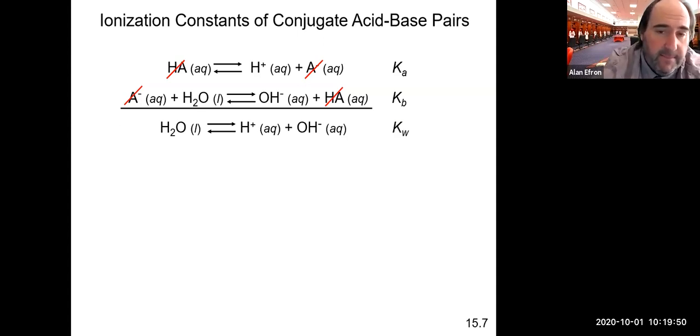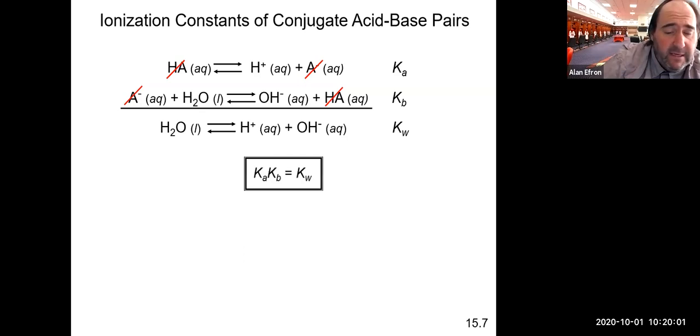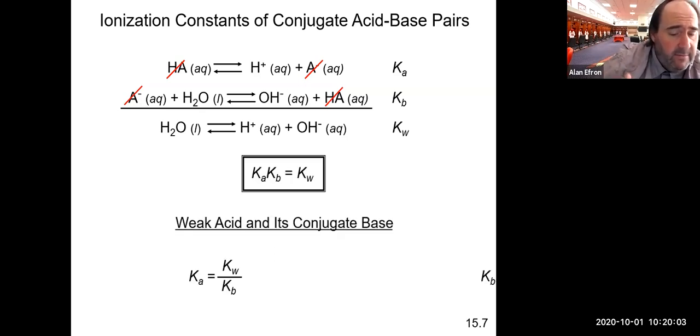So this brings up a really important relationship that you do need to use in a number of situations that we will come across in this chapter. And that is that if you take the Ka and you multiply it by the Kb value, that will give you your Kw.